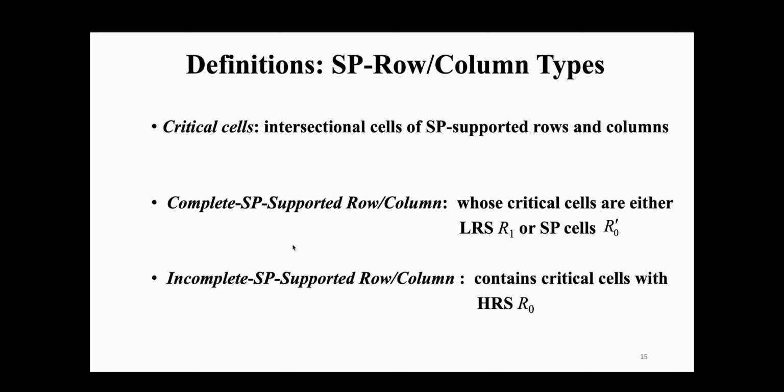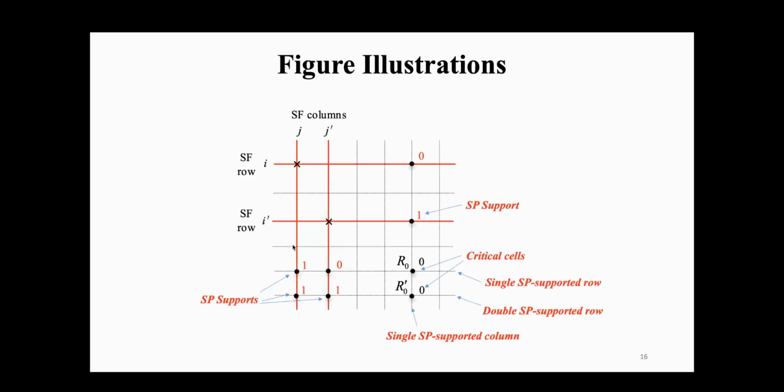And the critical cells and the SP row and column types are defined as follows. Here we provide a figure illustration for the above definitions.